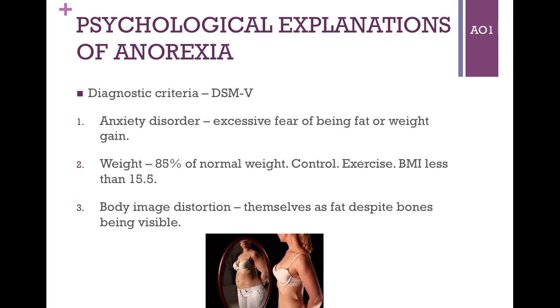The criteria that was taken out is the cessation of periods in girls, and that was taken out because it's quite specific, and a lot of the people with eating disorders it wouldn't relate to. So maybe girls that haven't reached the stage of having periods yet, or women that have gone past that stage, so gone through the menopause.